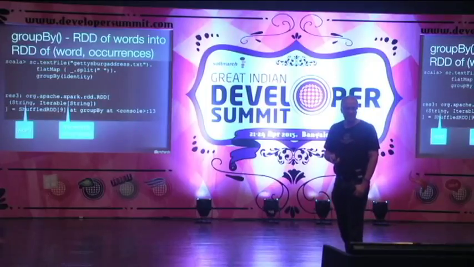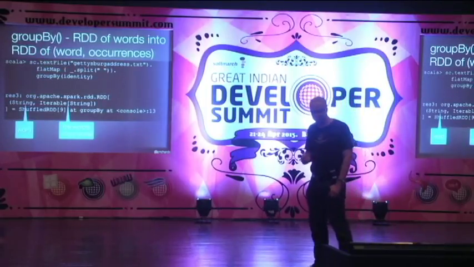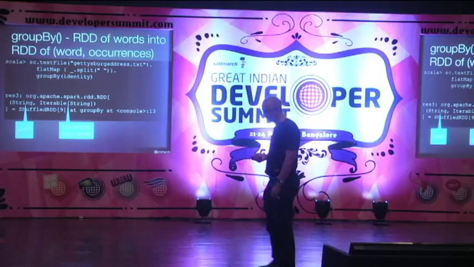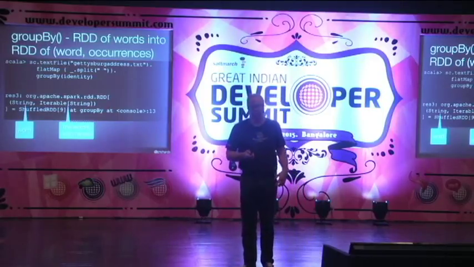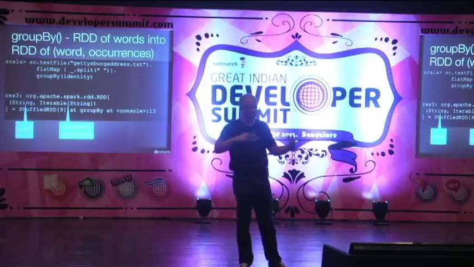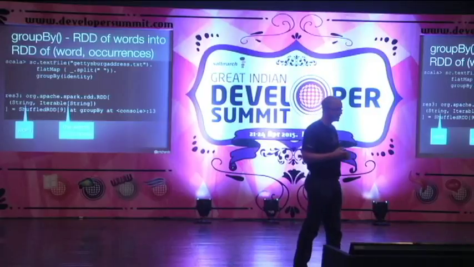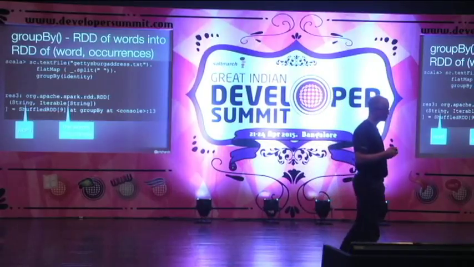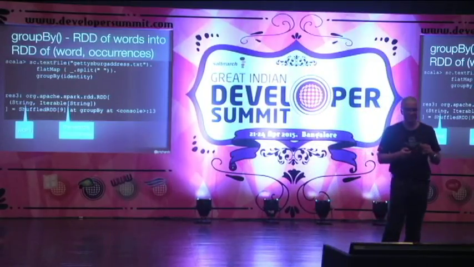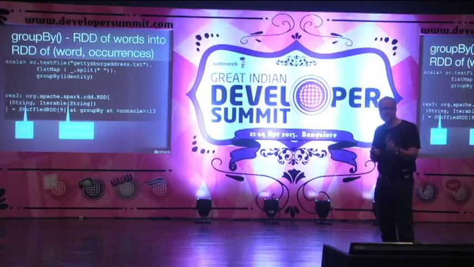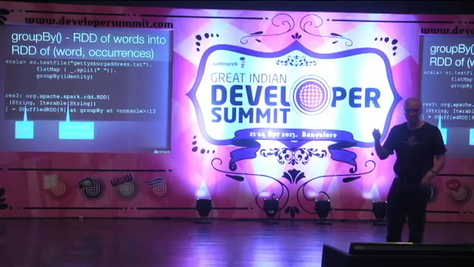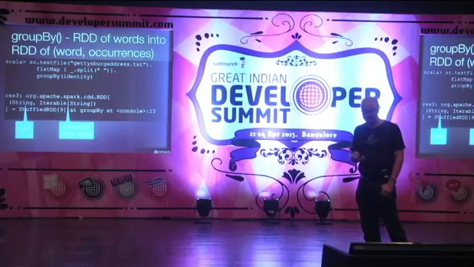And then there's the group by, that's collecting together elements with the same key, which in this case is collecting together the same words, and you end up with an RDD of tuples, where the first value in the tuple is the word, and the second value in the tuple is an iterable of those words.